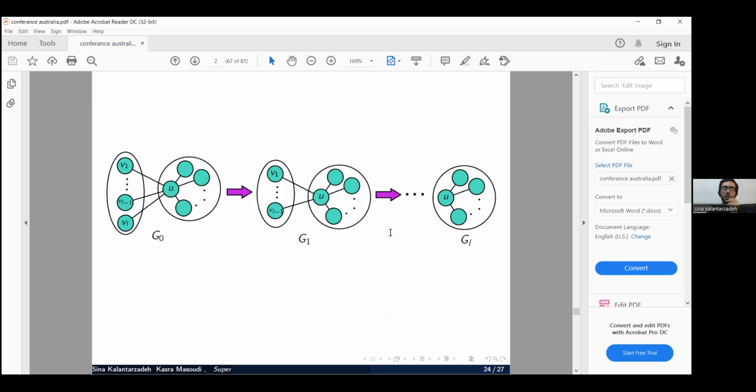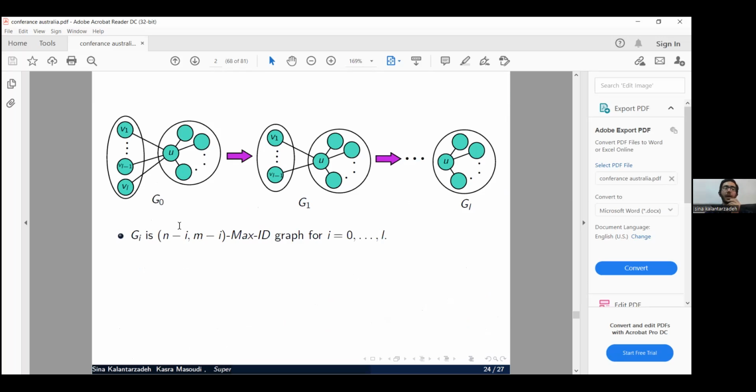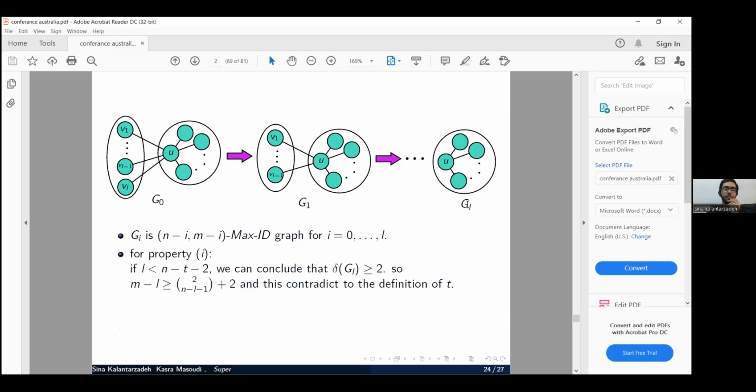And also from our previous lemma, all the graphs in this sequence are max-ID graphs, and so is GL. For our first property, if the number of vertices of degree 1 is less than n minus t minus 2, we can see that the minimum degree of GL is greater than or equal to 2.